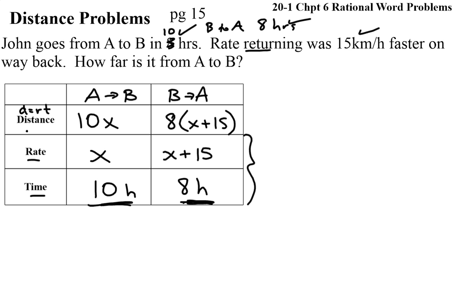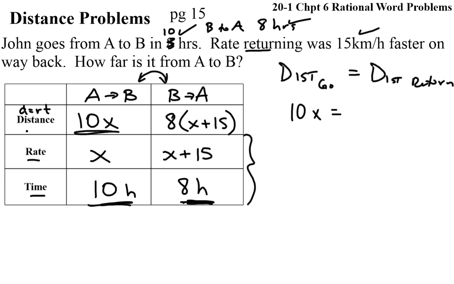Well, what do we know about going from A to B and B to A? We know that the distance going is going to be the same as the distance returning. Or maybe did they take a different route? Our assumption is not. So we know the distance going has been identified as 10x, and we know the distance returning has been identified as 8 times x plus 15.